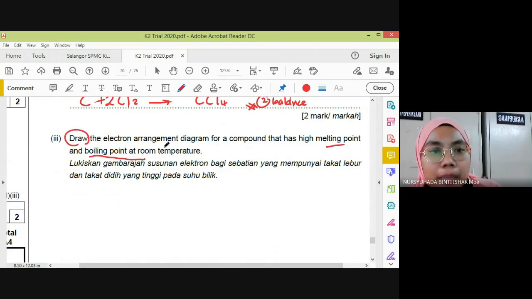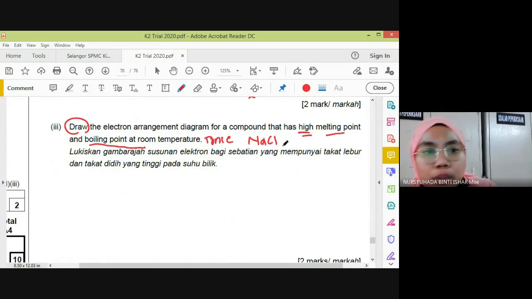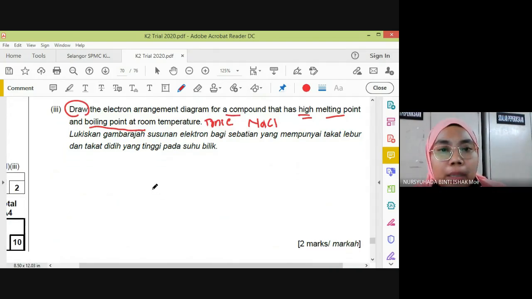So agak-agak yang melting point and boiling point higher ni ionic ke covalent? Ionic kan, betul? NaCl tadi dah tulis dah sodium chloride. So dia minta kamu tulis compound, draw. So kamu kena tengok yang mana release electron, yang mana receive electron.